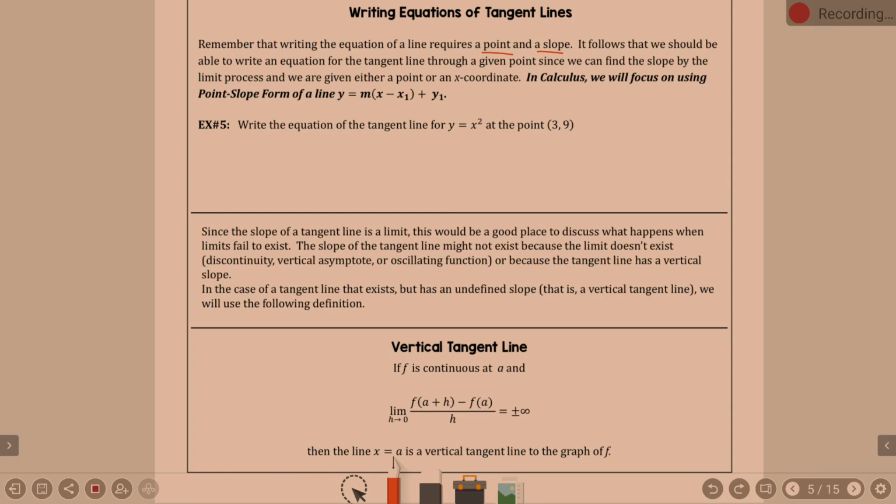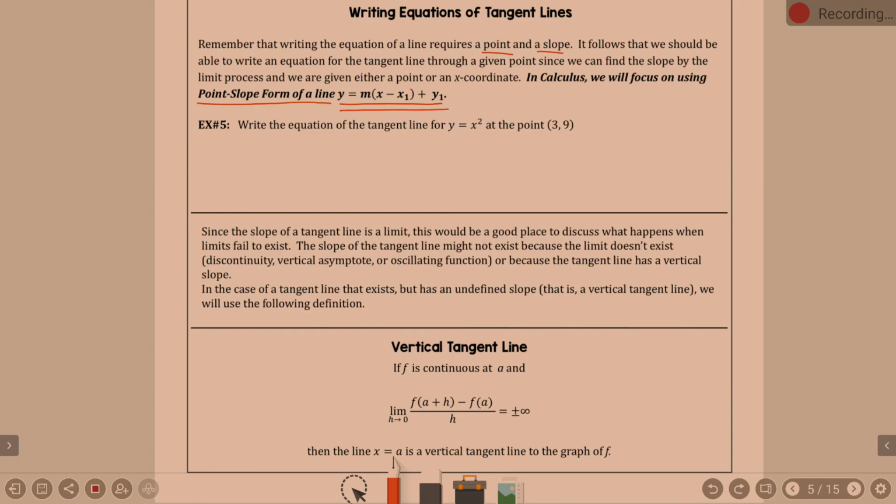In calculus, we will focus on using point-slope form of a line, and notice y equals m times x minus x1 plus y1. This is not exactly how you've used this in the past, right?